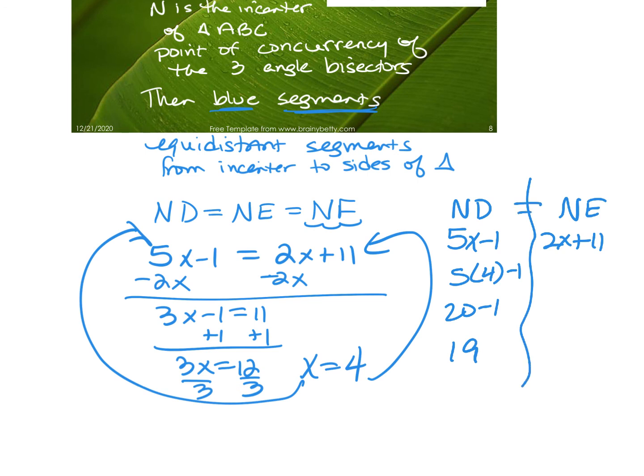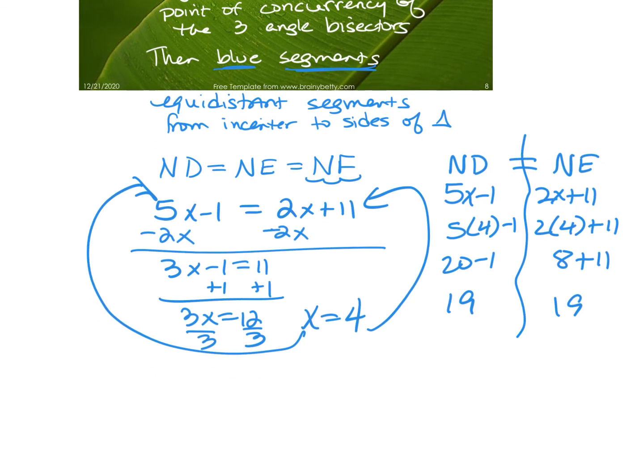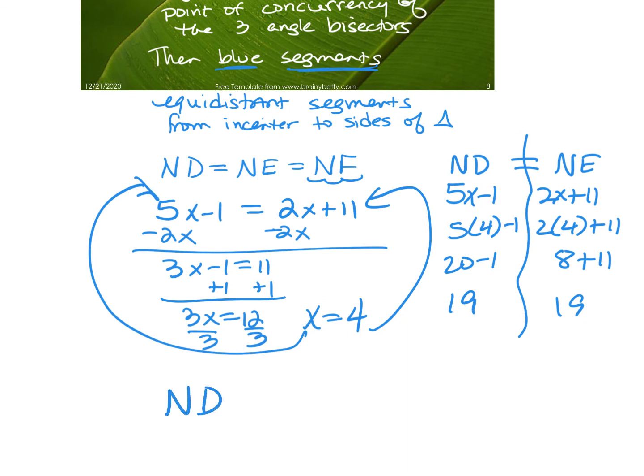Or plugging into NE, 2 times 4 plus 11, 8 plus 11, I get 19 either way. So ND, NE, and NF all equal 19. That was the answer to part A.